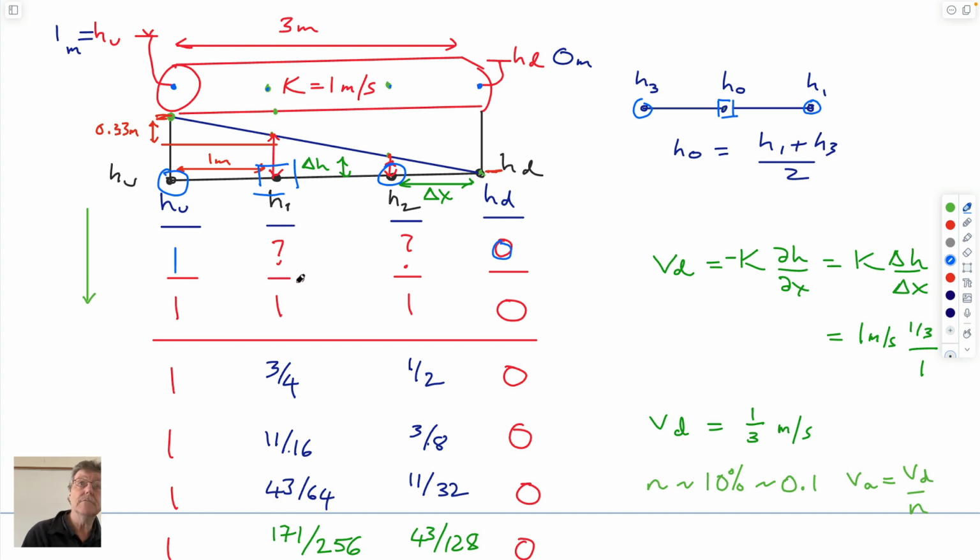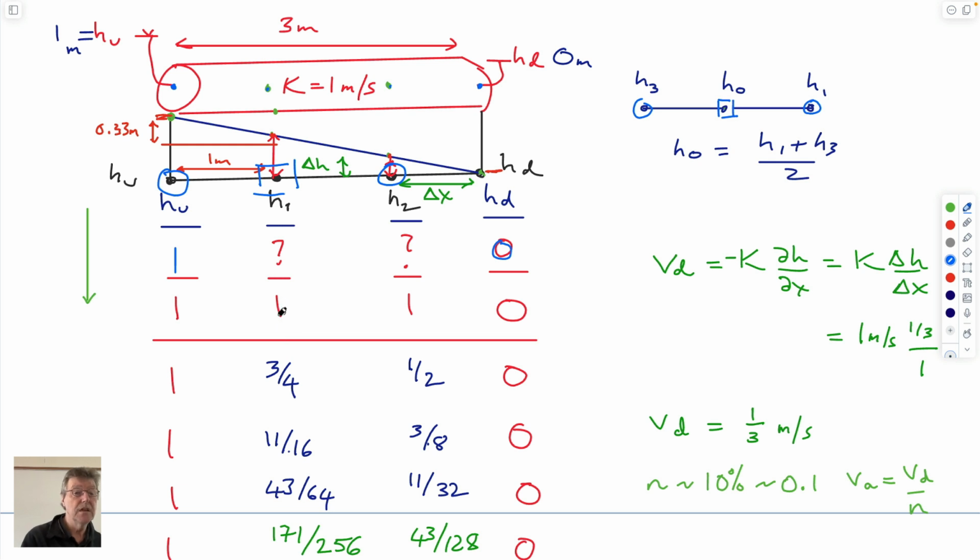So if we put this template on here, then we know that if we add this head to this head, which we don't know, and divide by 2, we get a value. But we don't know what these heads are.